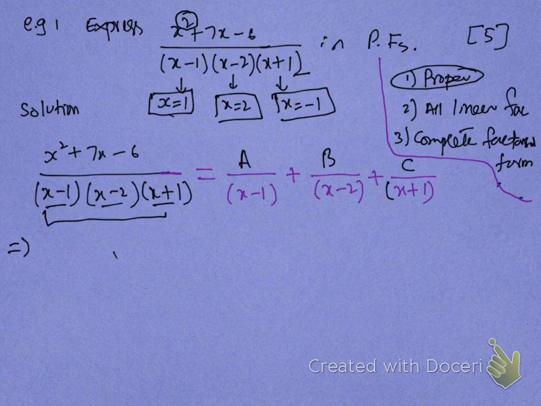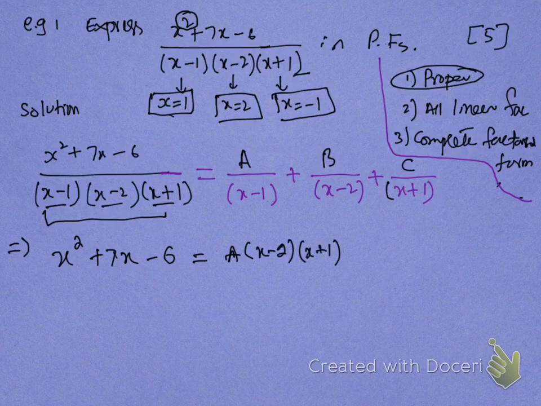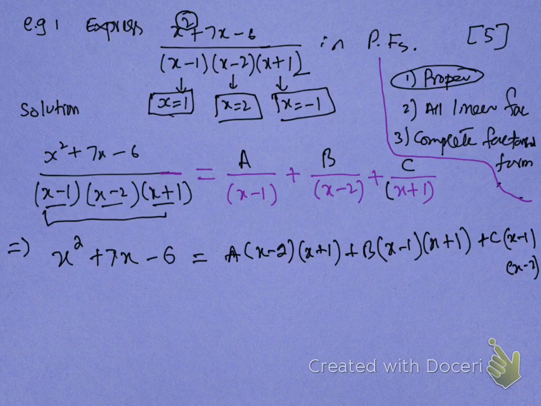Hence, multiplying throughout by this denominator, we have x² + 7x − 6 = A(x − 2)(x + 1) + B(x − 1)(x + 1) + C(x − 1)(x − 2). Now we have eliminated the fractions from both sides. Now substitute the values of x one by one to get the values of the unknown constants A, B and C.